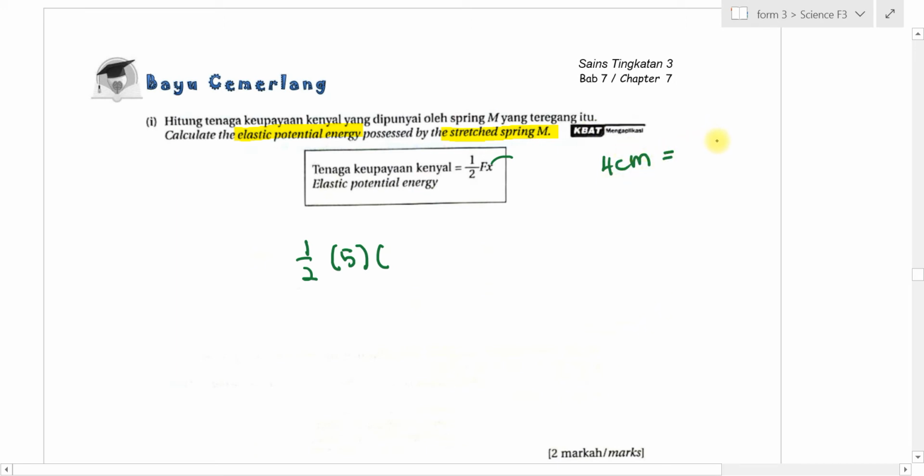I already told you, make sure everything is in SI units, standard international units. So centimeter, you divide by 100, you get 0.04 meter. Now we see what will be the answer. The answer you should be getting is 0.1 joule.